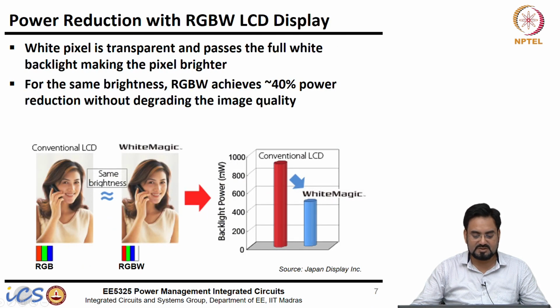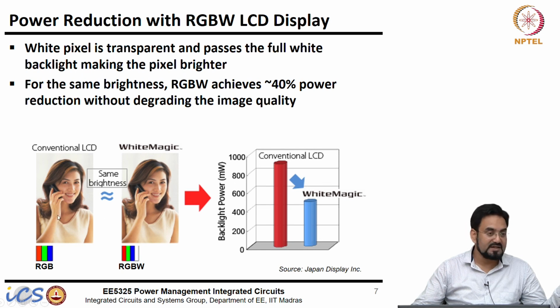So, this picture is showing the power consumption. This is your conventional display without the white pixel, and the moment you add a white pixel, you can see that for the same brightness it consumes 40% less power. This left hand side picture is RGB, and this is RGBW with the white pixel, and you can hardly differentiate between the two.